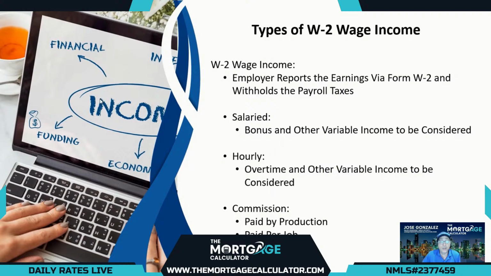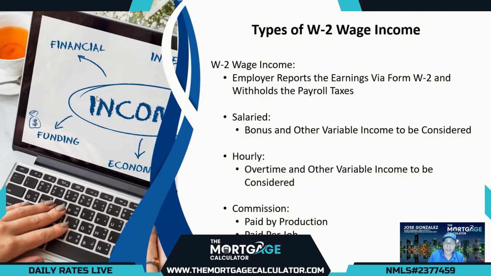So then our W-2 borrowers could be salaried, right? Where they have a set salary and it's just divided by however many pay periods they get paid in, but it should be the same amount regardless of if they work more or they work less time. It is set.